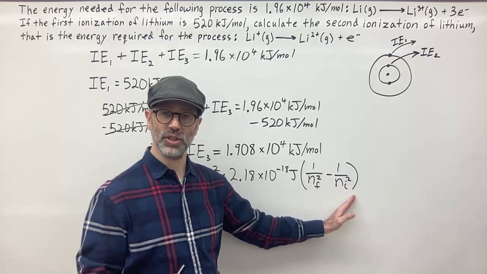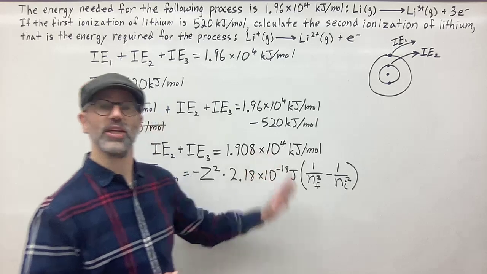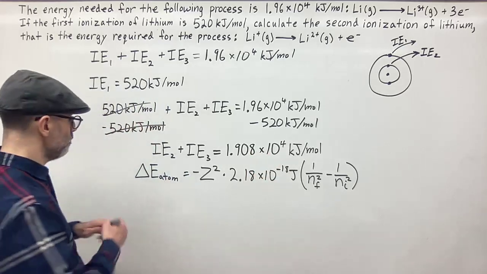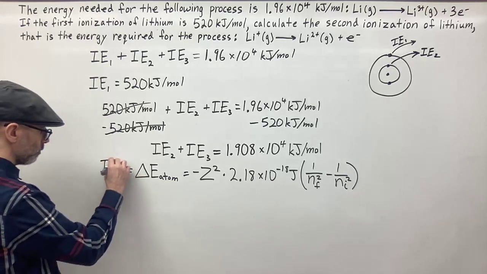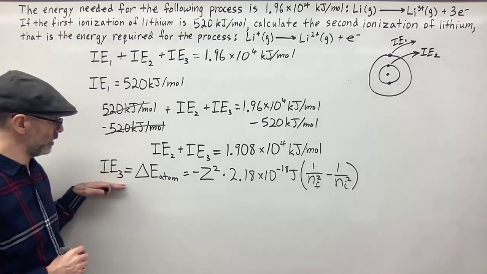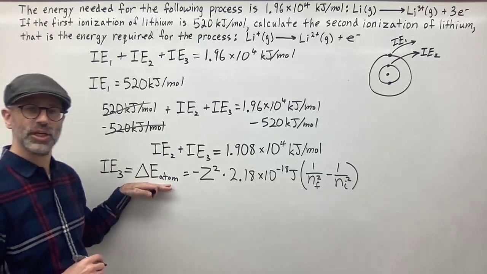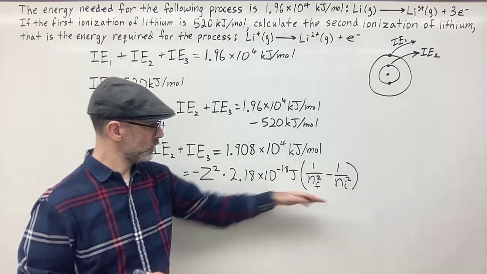What energy level did your electron begin in? What energy level did it end in? And so we can use this to find the third ionization energy. So the third ionization energy is going to be equal to the change in the energy of the atom, which is going to be equal to this.